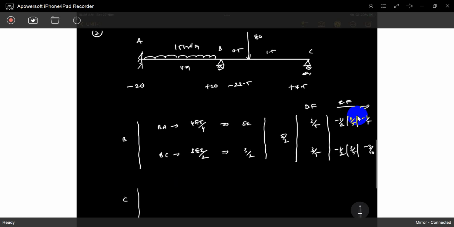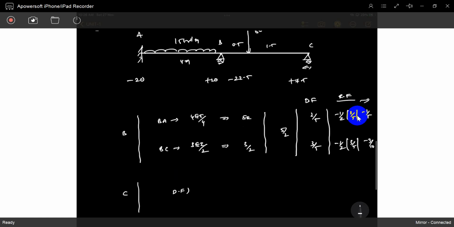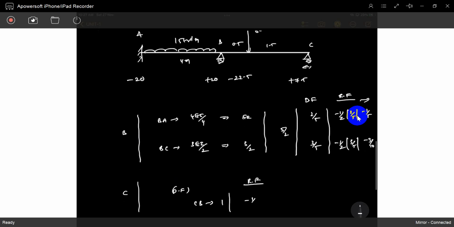So the distribution factor for CB is 1, because there is no other member, total taken by it only. So if it is 1, what is the rotation factor? Rotation factor is 1. That's it, because it's not a joint, it's just one end.